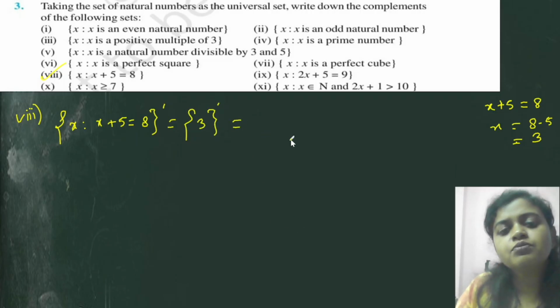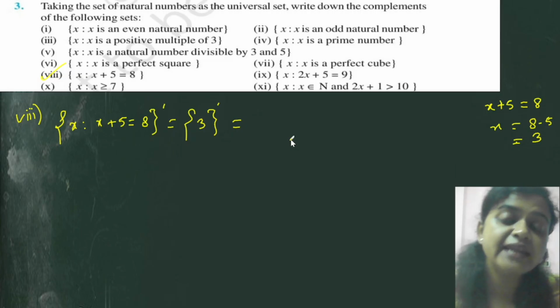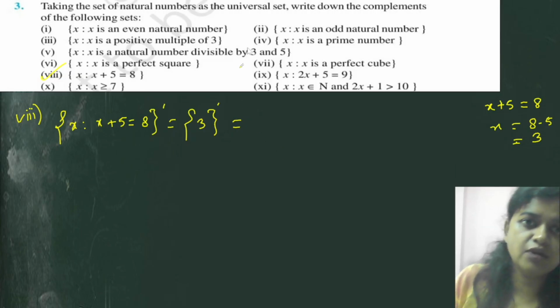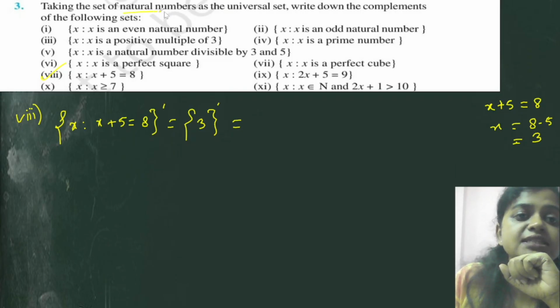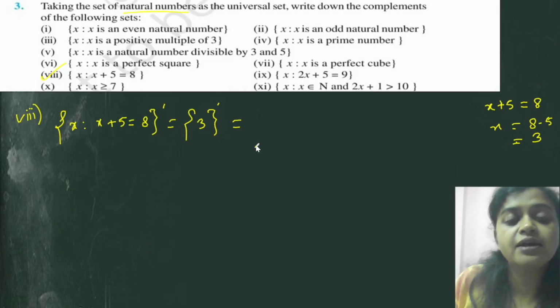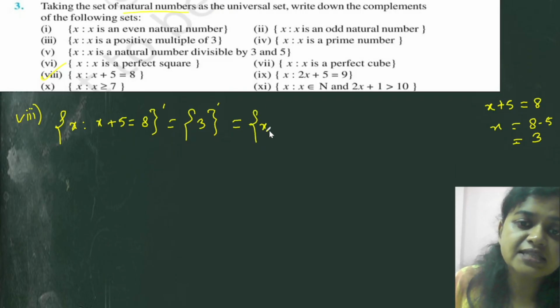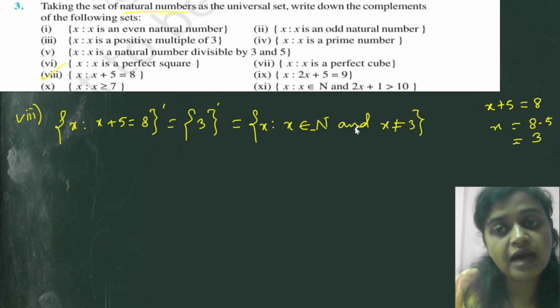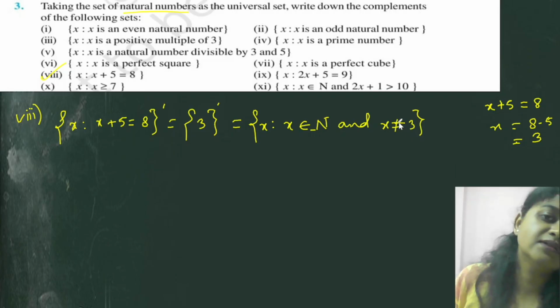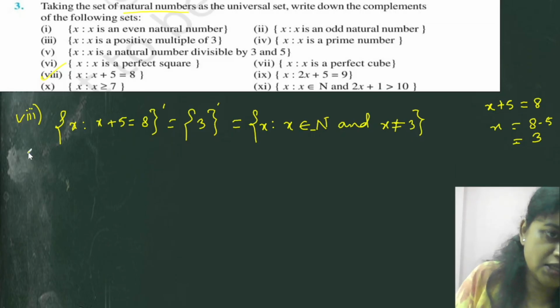So we have to remove 3 from the natural numbers, because in the question we consider the natural numbers as the universal set. So we write the answer: x such that x belongs to natural numbers and x is not equal to 3. Other than 3, we can take any element from the natural number set.